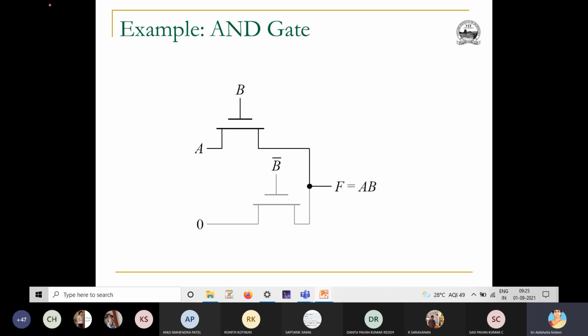So I'll give you an expression. Try to draw it in standard CMOS logic and size the transistors properly. Just give me a minute.